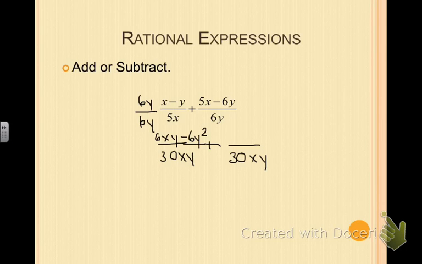In order for us to get from 6y to 30xy, we need to multiply by 5x. Don't forget to distribute the 5x to the binomial 5x minus 6y. This gives us an equivalent second fraction of 25x squared minus 30xy.